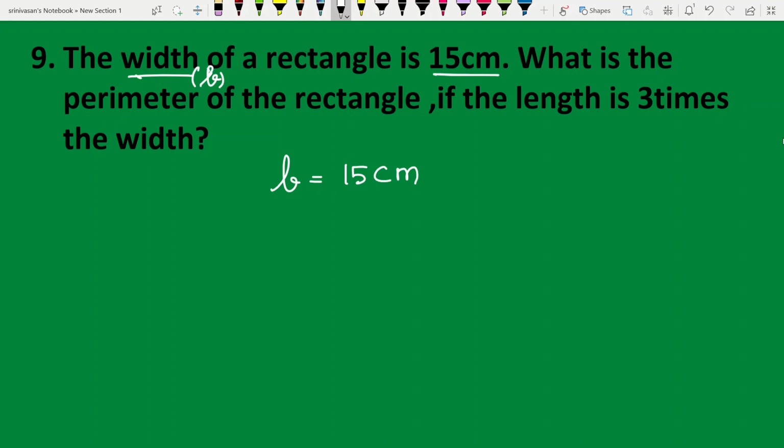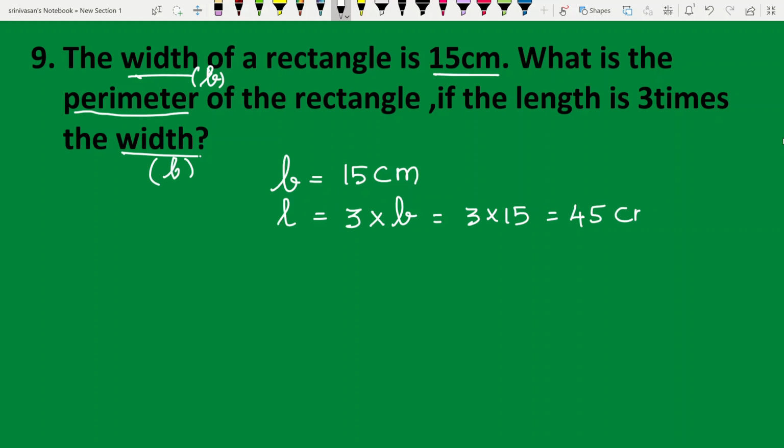So we are going to find out the perimeter of a rectangle, if the length is 3 times the width, that is 3 times the breadth. So what is the length, children? It is 3 times breadth equals 3 into 15, that is equal 45 centimeter.